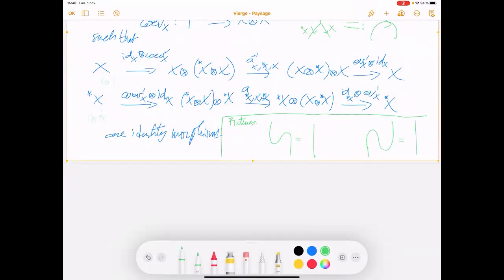So here you have f prime x, co-f prime x. You start from x, you go to x, identity of x. Here you have co-f prime x, f prime x, and you start from star x to star x, and this is identity of star x.